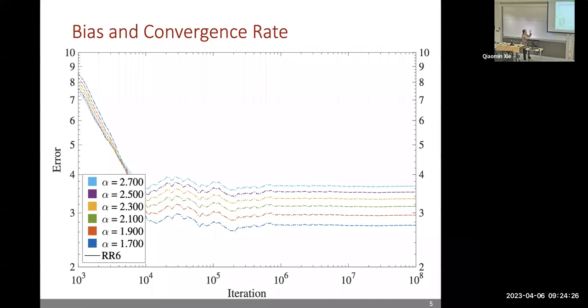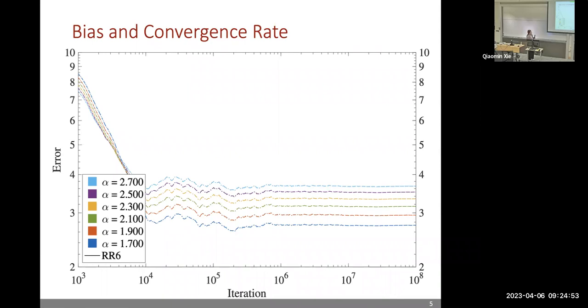I hope our result can be summarized by the following 2 plots. Here we run the SA with different constant step sizes, with different colors corresponding to different step sizes. The x-axis corresponds to the iteration, and the y-axis corresponds to the error to the true solution. There are a few observations.